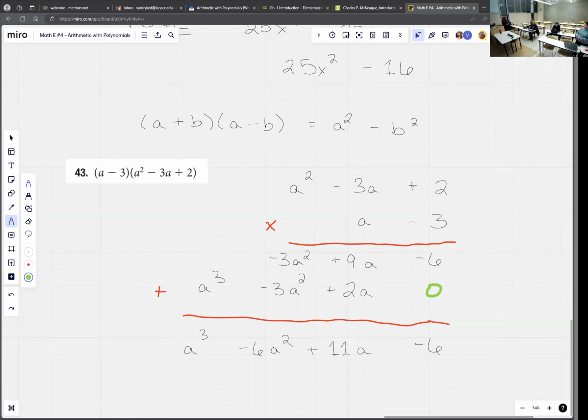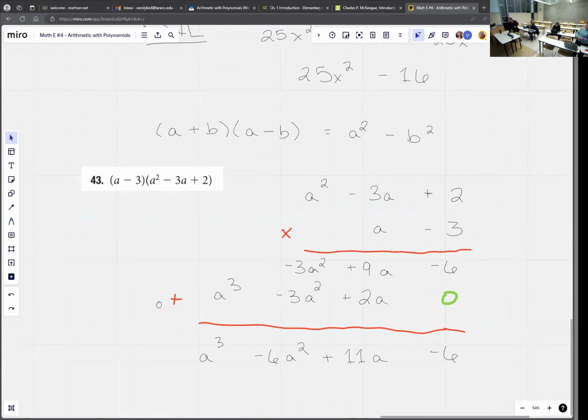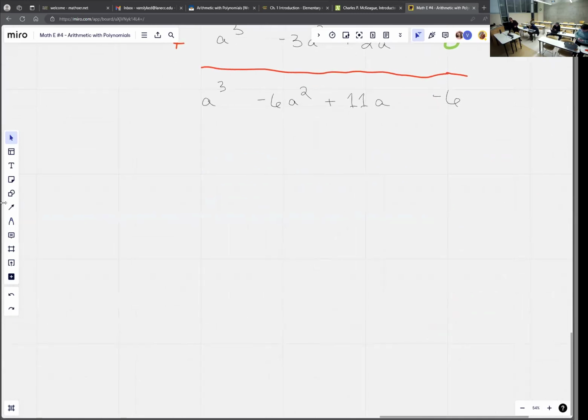Okay, the last thing is about division. If I have 20/4, you know that I could write that as 5 times 4/4.